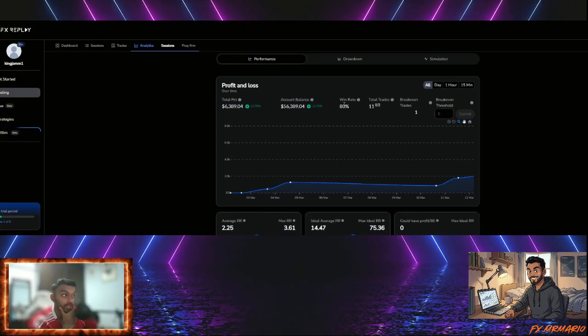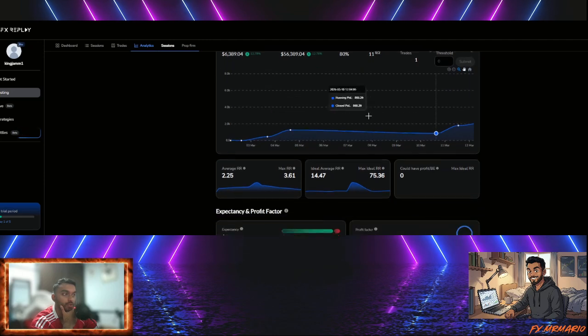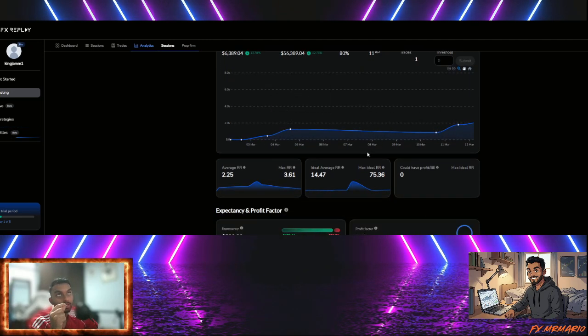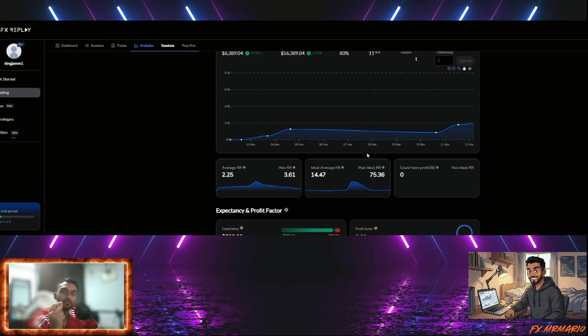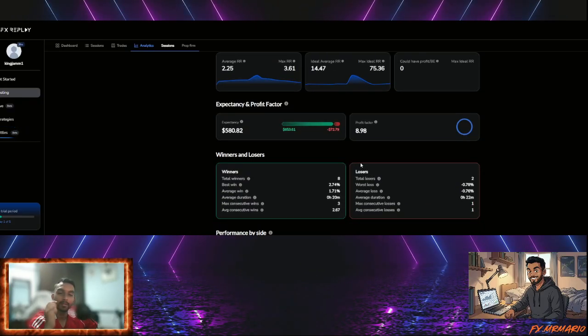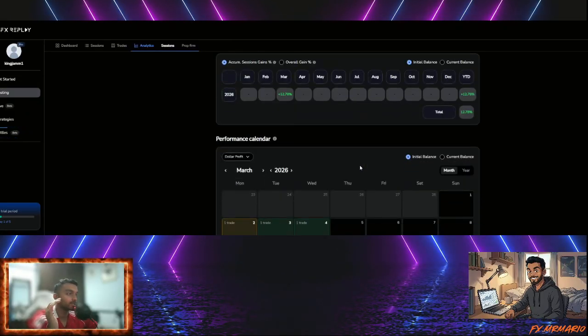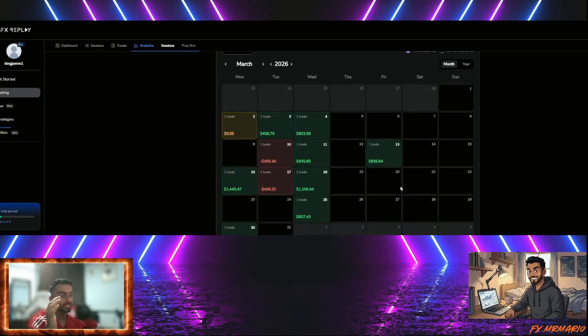That was an 80% win rate over just 11 trades, 8-2. I backtested this during the time where there was war news, the closure of the Strait of Hormuz, or I mean the closure of the straits. You guys get what I mean. So this was our PNL, and within a month we made about 6K in backtest.